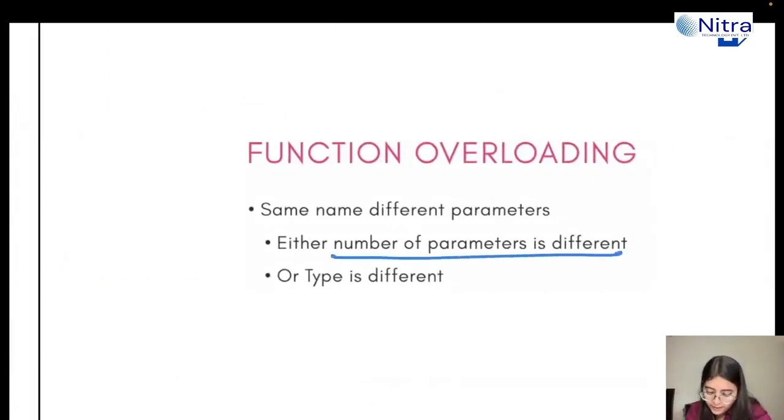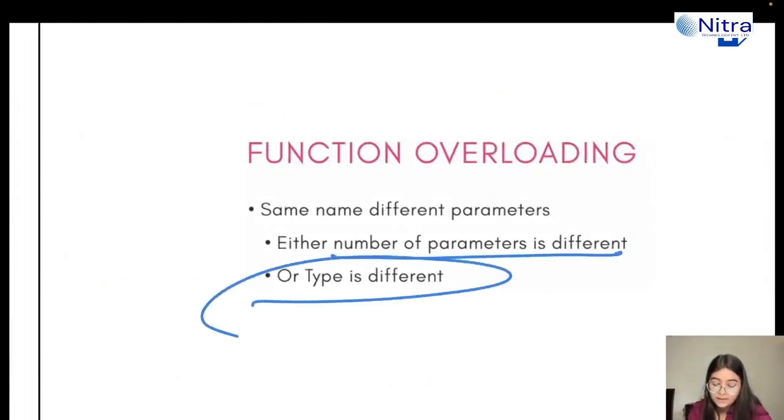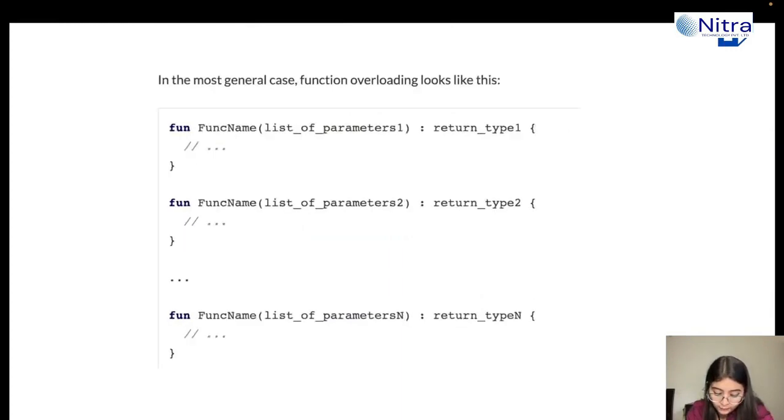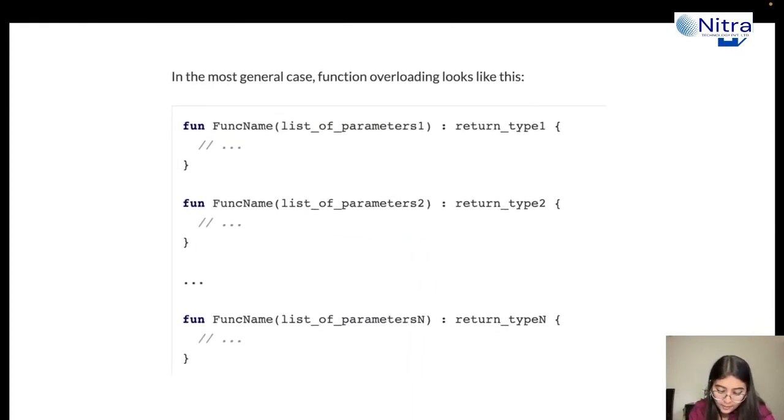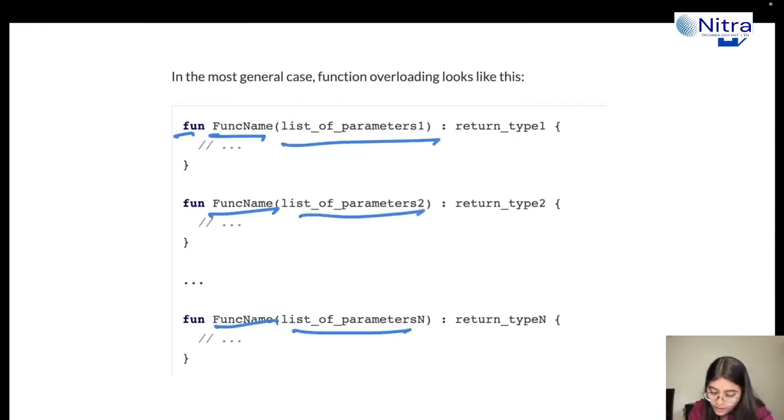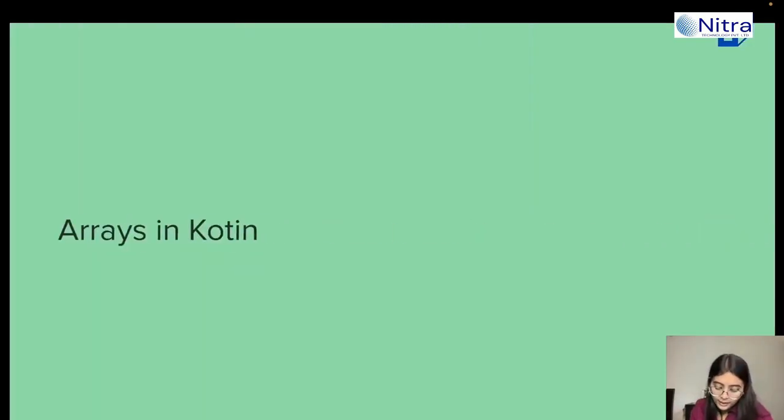For example, this is one of the best examples. You can see here the fun function name is the same, with list of parameters 1, parameters 2, and return type. So the function name will remain the same, but either the number of parameters or the type of parameter or the return type will be different.